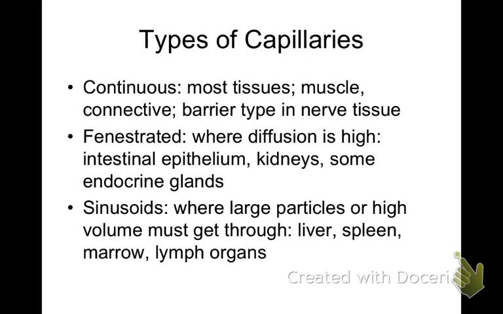Fenestrated, wherever the load of diffusion is really high, particularly for things like glucose and other small organic molecules, so in the intestinal epithelium, in the kidneys, and some of your endocrine glands, and of course that would be the ones that are secreting the peptide hormones. Our sinusoids are found wherever you've got either large particles or really high volume that has to get through: liver, spleen, bone marrow, and some lymphatic organs.